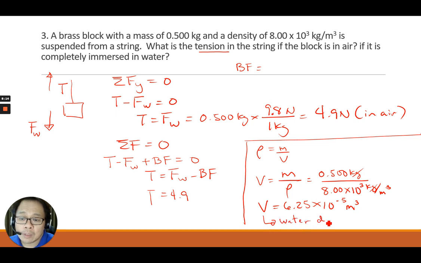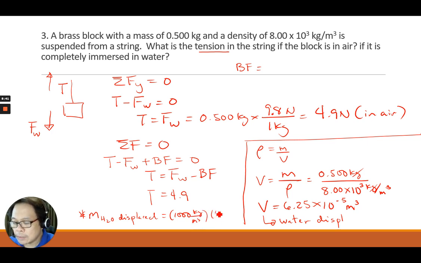They should be equal. Since we know the amount of water that was displaced, we can compute for the mass of water that was displaced. So what is the mass of the water displaced? The mass of water displaced is equal to the density of water, which is 1000 kilogram per cubic meter, multiplied by 6.25 times 10 raised to negative 5 cubic meter.